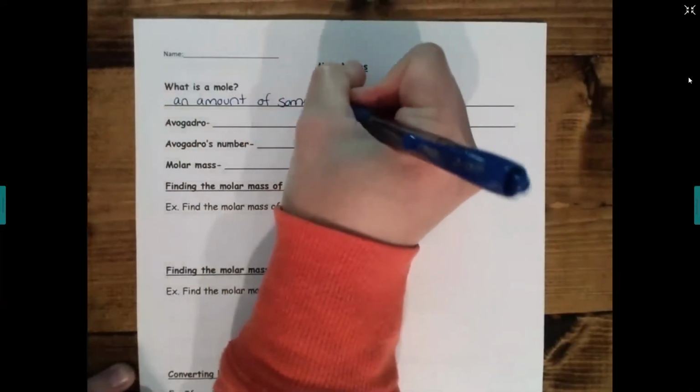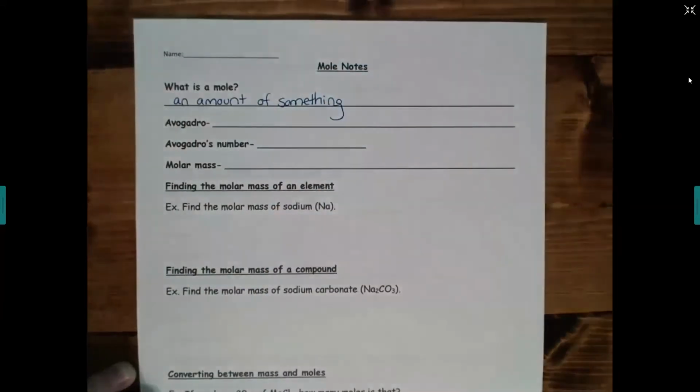So in the same way that we use words that mean a certain number, when you are going to the store to get 12 eggs, you say, I'm going to the store to get a dozen eggs. Or if we're talking about how many years is equal to a century, we are referring to 100 years. So we're just referring to a certain number when you say the word mole. It's an amount of something.